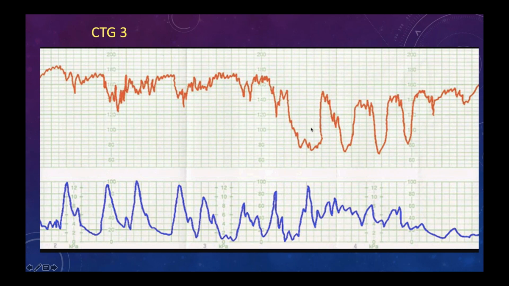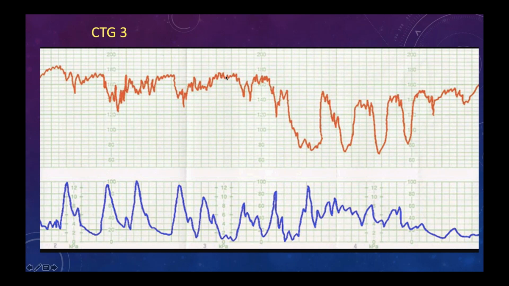This is a 10 to 20 minute trace, not a 30 minute trace. So we have variable decelerations with concerning features for more than 50% of the contractions, but less than 30 minutes. So it is one non-reassuring feature only. So it's a suspicious CTG.